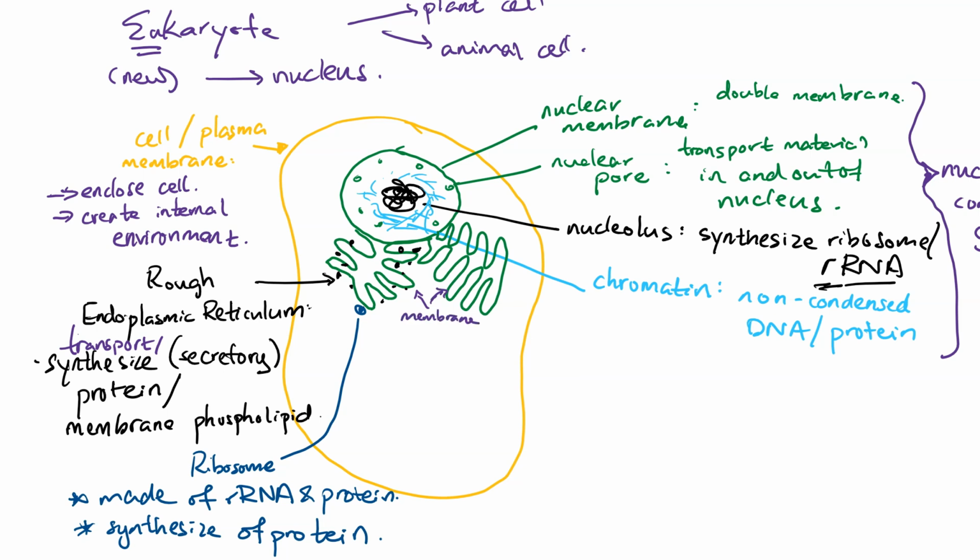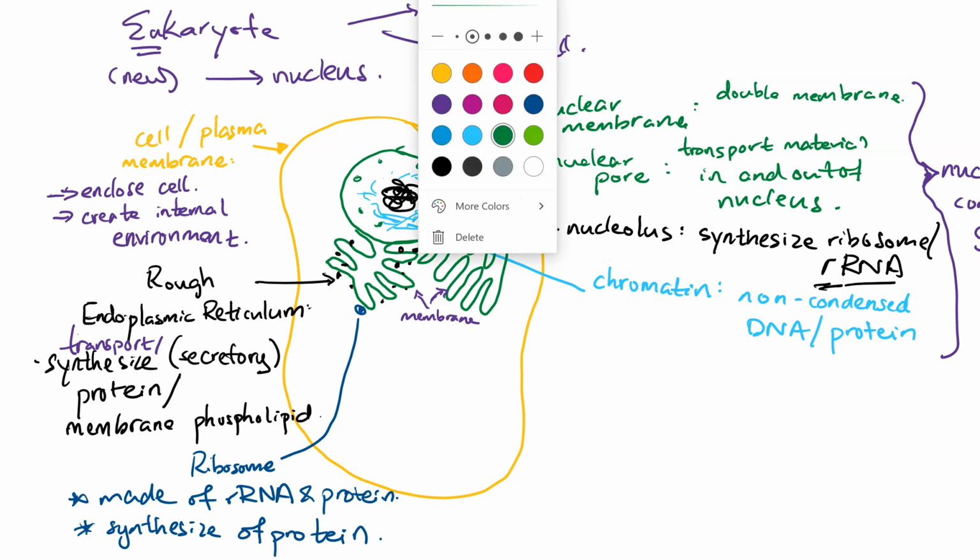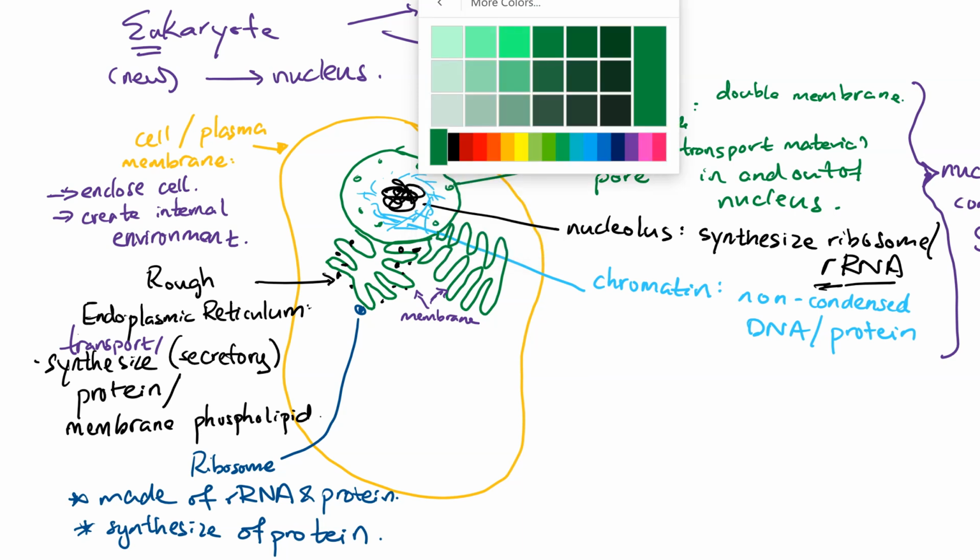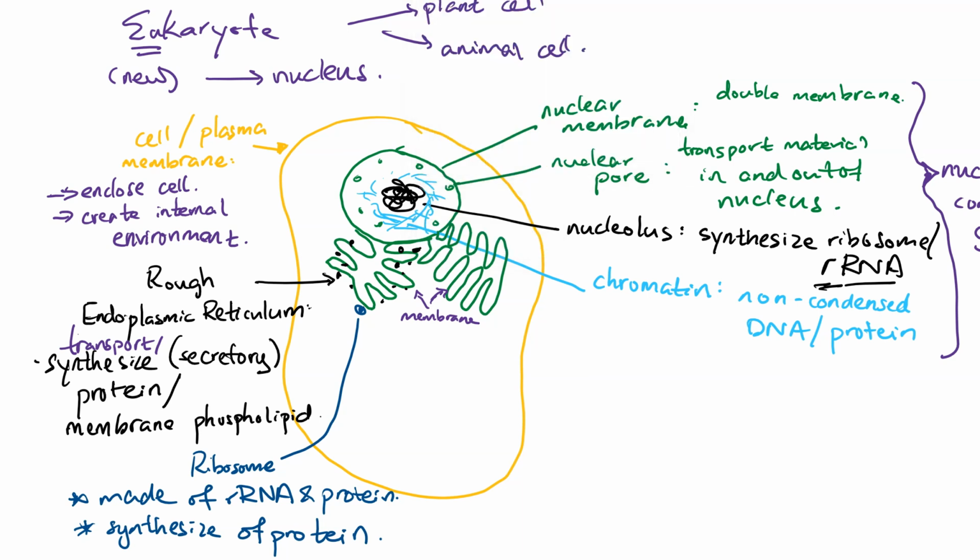So here we have smooth ER. Okay, the functions of smooth ER are quite diverse. They are meant to synthesize lipid. That's why organs that are used to make fat have a lot of smooth ER inside the cells.